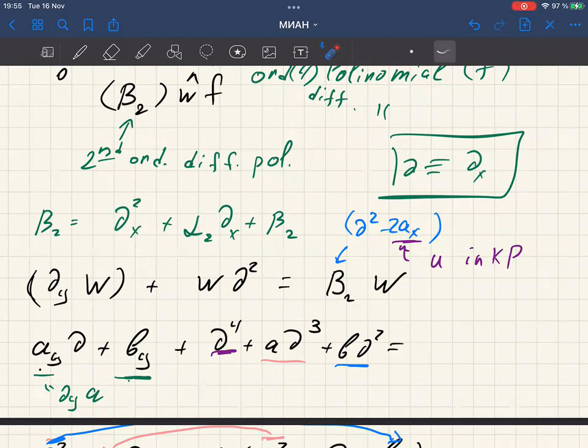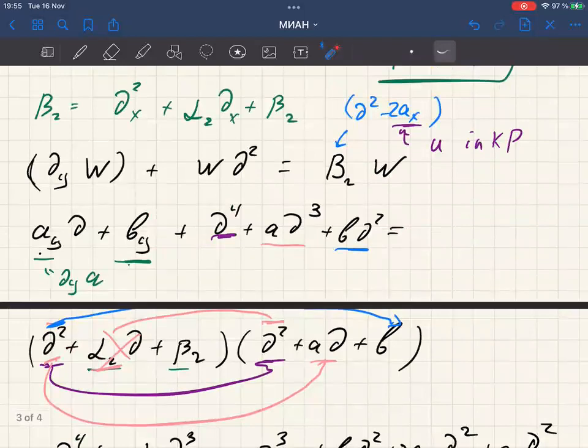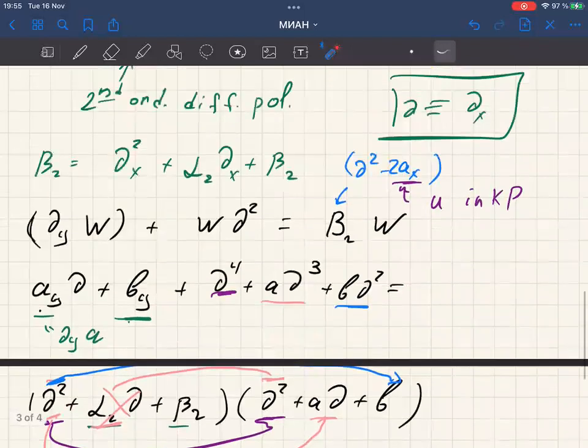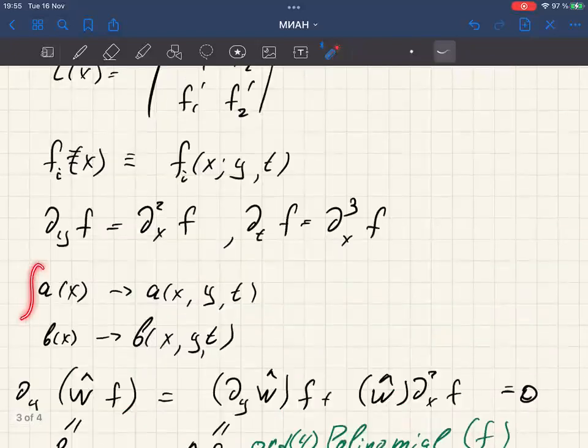Okay. And could you show once more the place where you introduce additional parameters t and y? I just said that our equation now, all coefficients depend on them. Okay. So you said this, and you require that the derivative over y is the second derivative over x, and similar for the derivative over t.